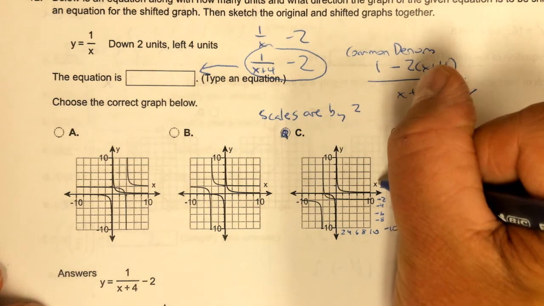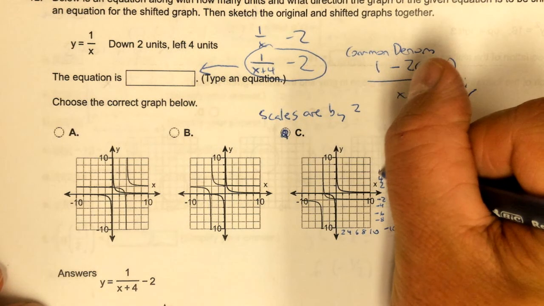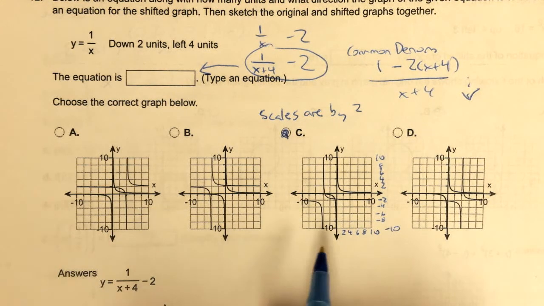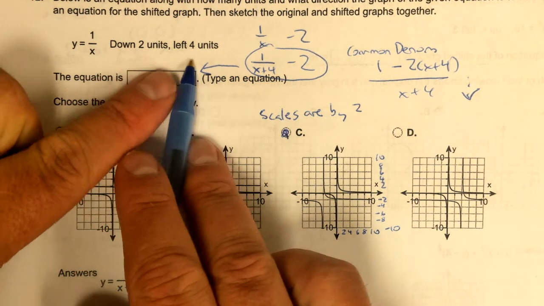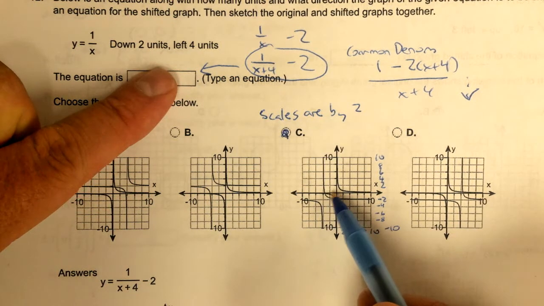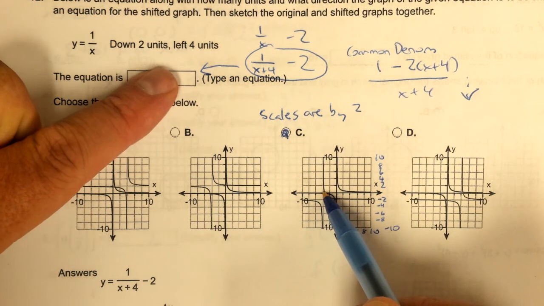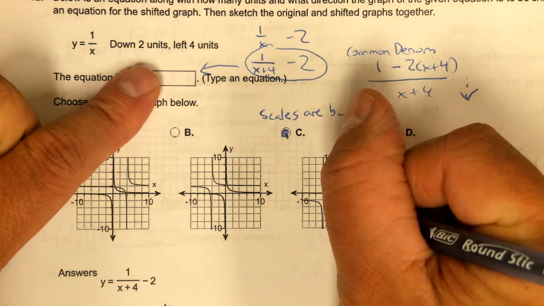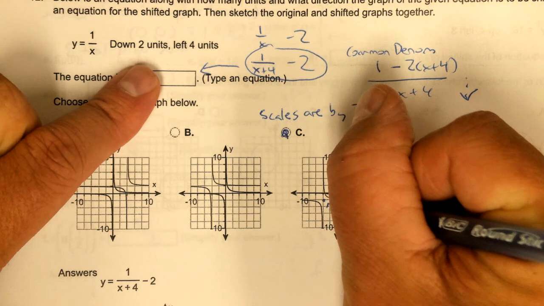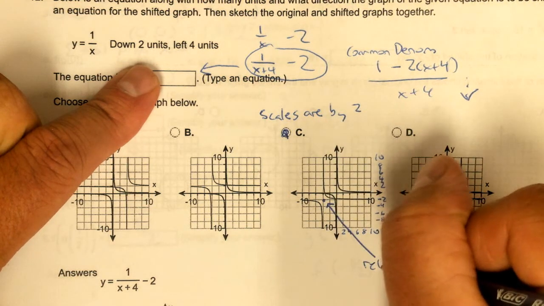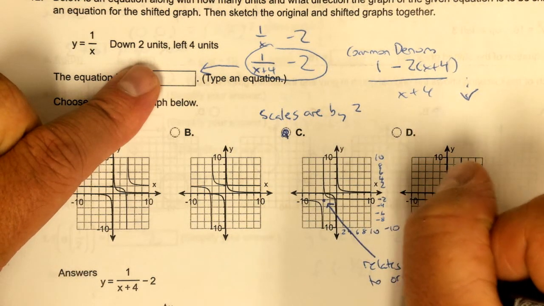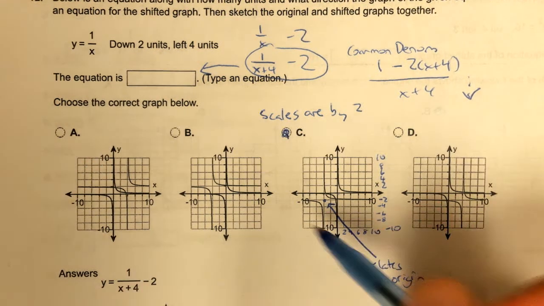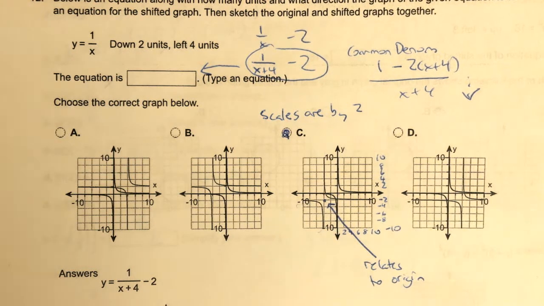I don't know how much of this you want to do, but okay. And so we went left 4. So if you go 2 spots over, and then you go down 1 spot, think of that as relates to the origin. So that's what we want, because this and this are on opposite sides.